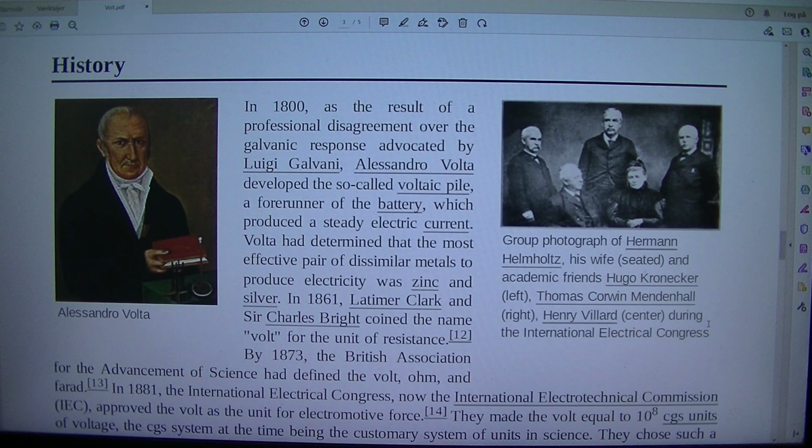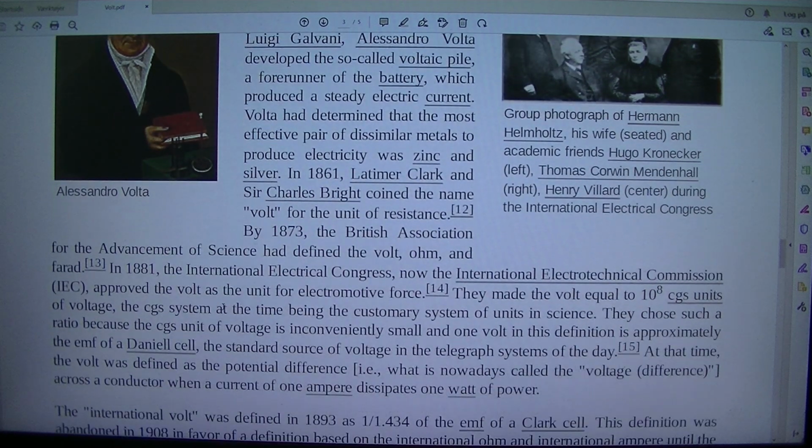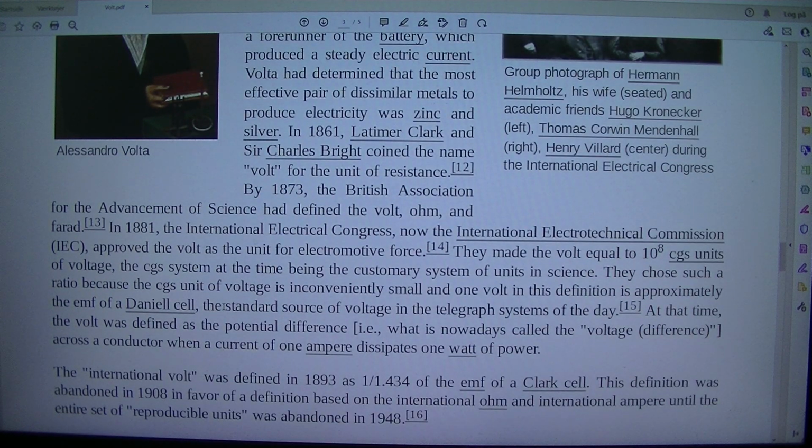In 1800, as the result of a professional disagreement over the galvanic response advocated by Luigi Galvani, Alessandro Volta developed the so-called voltaic pile, forerunner of the battery, which produced a steady electric current. Volta had determined that the most effective pair of dissimilar metals to produce electricity was zinc and silver. In 1861, Latimer Clark and Sir Charles Bright coined the name volt for the unit of resistance.